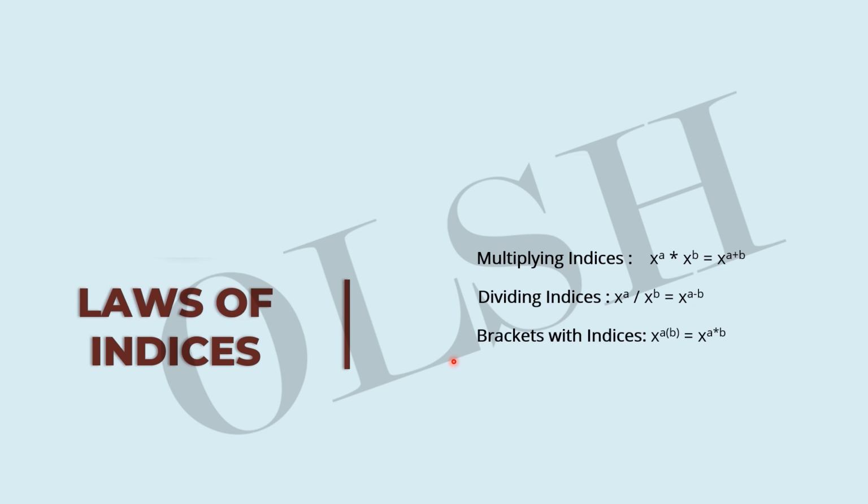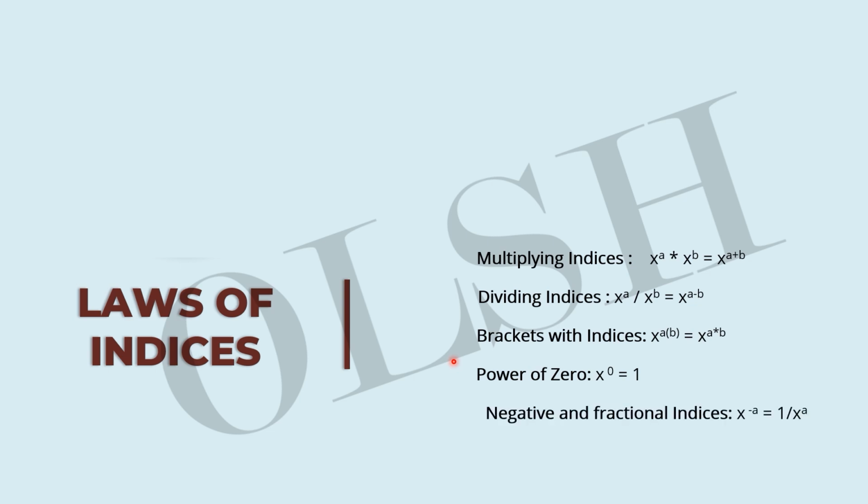Brackets with indices: if you have x raised to the power of a with b in brackets, it's simply both powers multiplying themselves, so we have x raised to the power of a times b. For the power of 0, whenever you raise a number to the power of 0, that number equals 1. Any number at all raised to the power of 0 would give us 1.